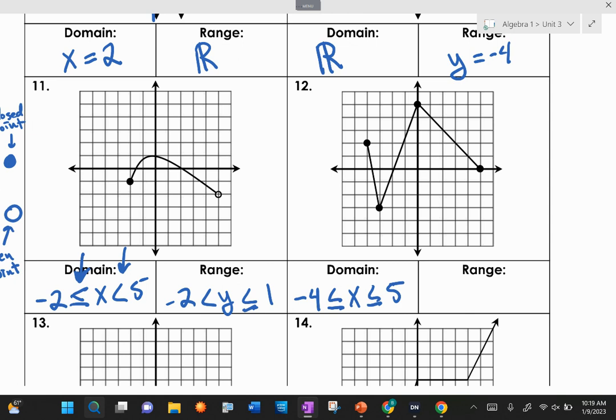Range. Zoe, you had your hand up. No? Daniel. Perfect. Okay, feel good about those? You'll get it. No worries.